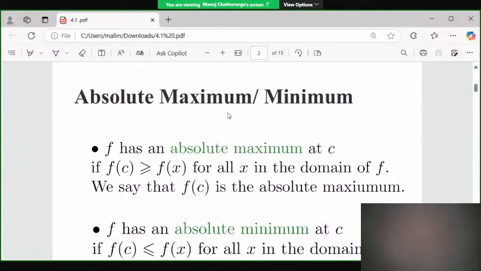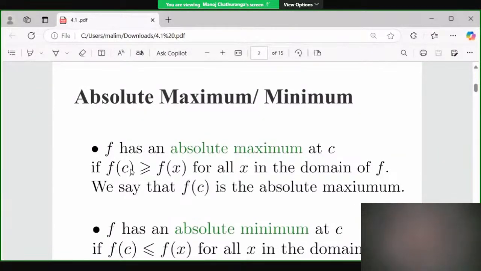And there are two different types of absolute maximums and minimums as well. Absolute maximum is the highest, the largest maximum. At an absolute maximum, f of c is bigger than or equal to f of x for all other x values in the domain.